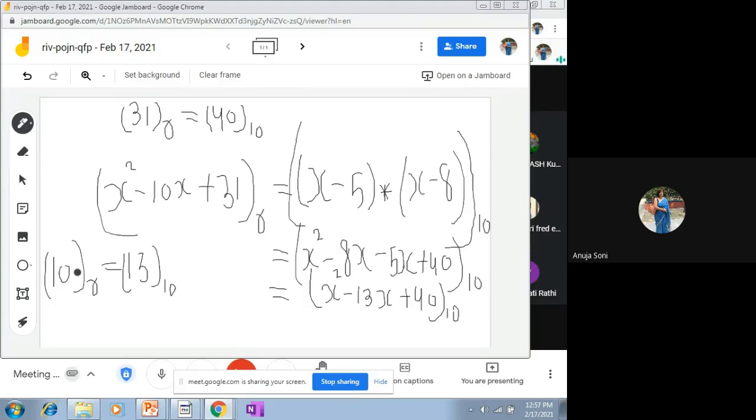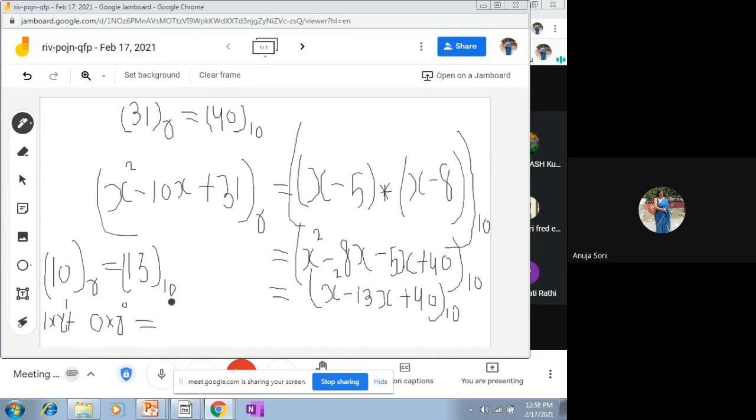So 0 will be multiplied by r raised to power 0, and plus 1 multiplied by r raised to power 1 will be equal to 13. Now this left hand side number is in decimal form. This is how to convert a given number from base r to decimal form.